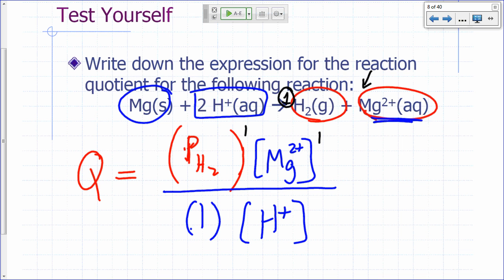But what should I do with that? Raise that to the power 2. Okay? So that's how you calculate your reaction quotient. You figure out what's the partial pressure of H2, what's the concentration of magnesium in moles per liter, what's the concentration of H plus in moles per liter. Plug it into this expression. Make sure you don't forget to raise the activities to exponents corresponding to the coefficients in the balanced equation.